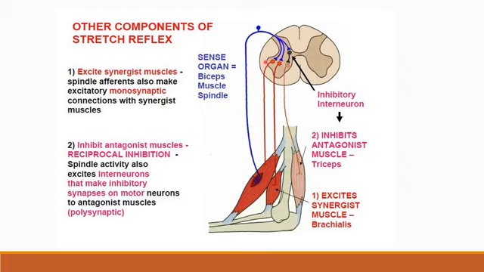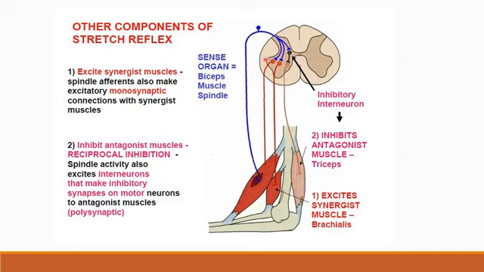Okay, so this red colored one is the flexor group of muscles, so it is giving supply to the flexor group of muscles. And then it inhibits the antagonist muscles, so that is reciprocal inhibition. So here you can see polysynaptic. This is the example of polysynaptic.